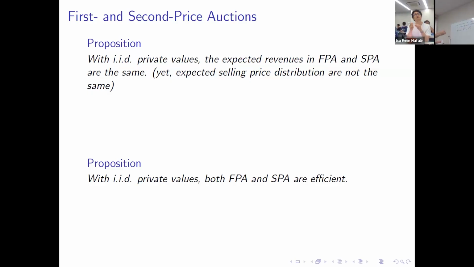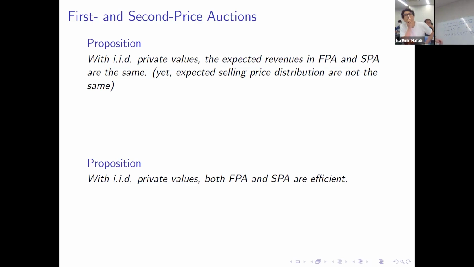All right. So what is the expected R2, our second price, given that R1 is equal to some price P? It is the expected value of Y_2^N given that Y_1^N is equal to beta inverse of P, right?